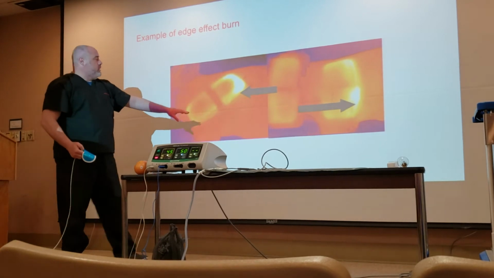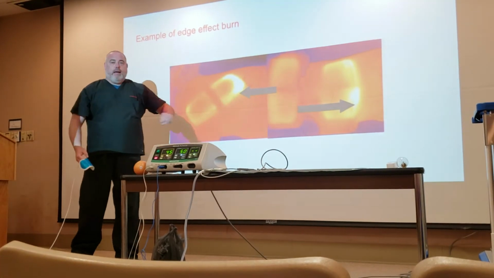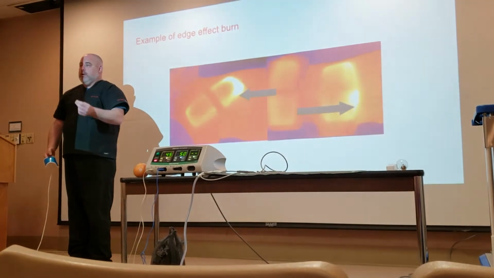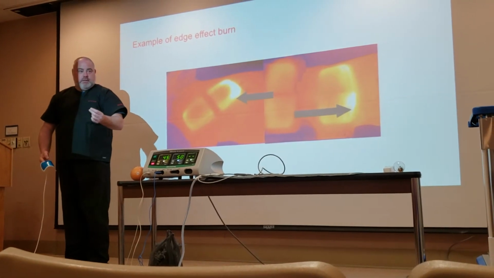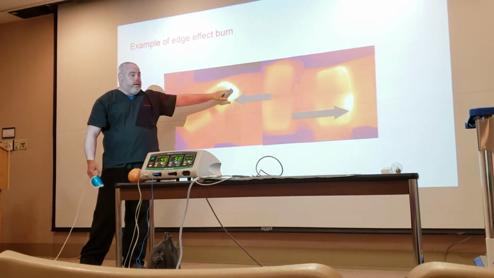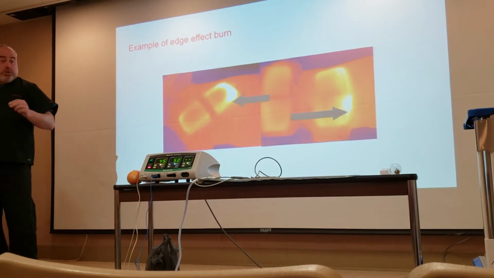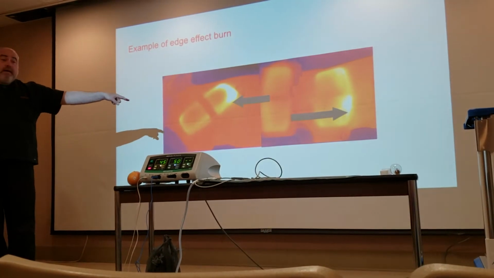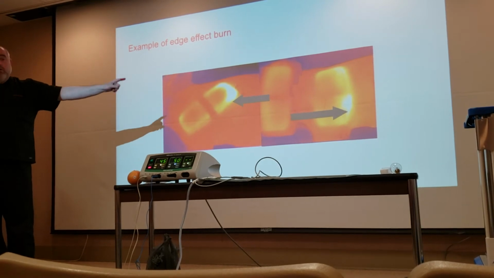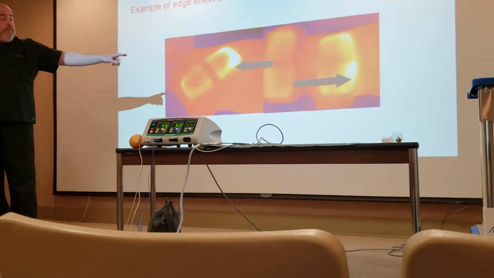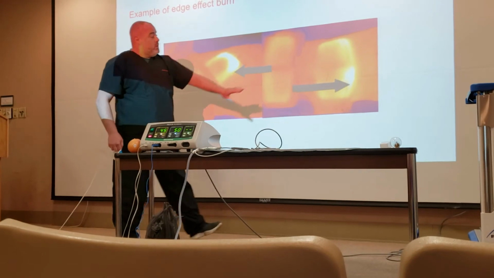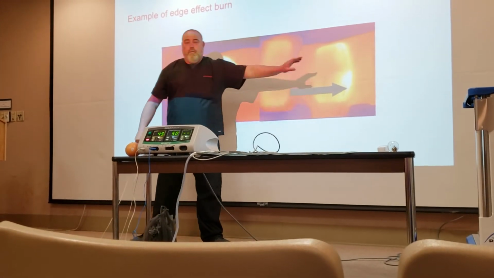What you see here is an example of an improperly placed pad. Key concept: electricity takes the path of least resistance. The pathway here is to that edge. That's the pathway it wants to take. That's the shortest path, and because of that, you do get some thermal edge effect on that pad. So the idea is to disperse it out along the length of it.